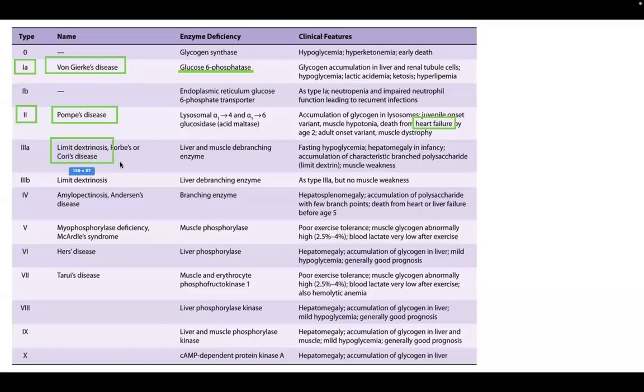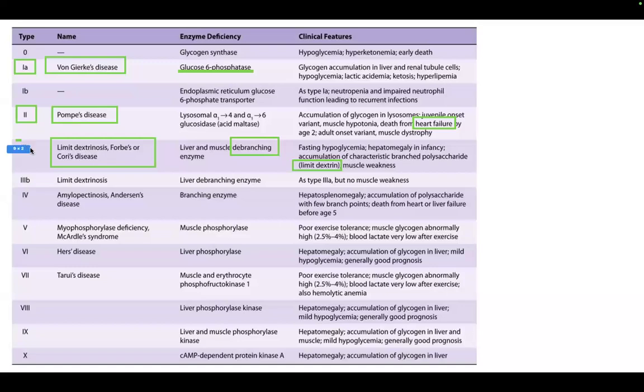Corey's disease is also known as limit dextrinosis or Forbes-Corey disease. The problem here is the debranching enzyme. So why do they call it limit dextrinosis? Because there is an accumulation of a polysaccharide known as limit dextrin.